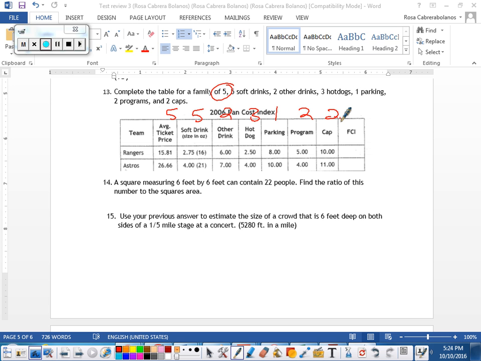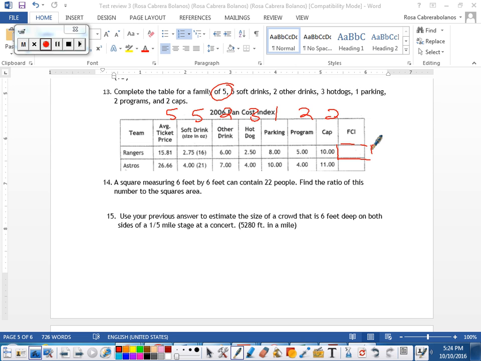So all you got to do is multiply 5 times this plus 5 times this right here. I don't need the ounces, plus 2 times the next one, and so on. I'm not going to write it down because the pen is going crazy. But once you get all that, you just write it down and that's it. That's all you gotta do for that one.